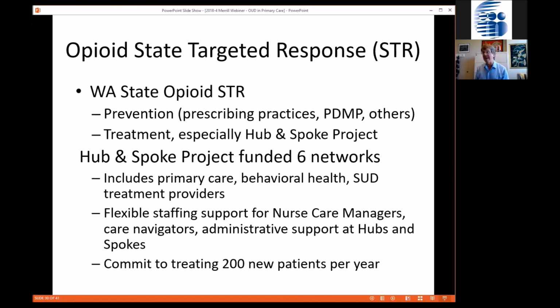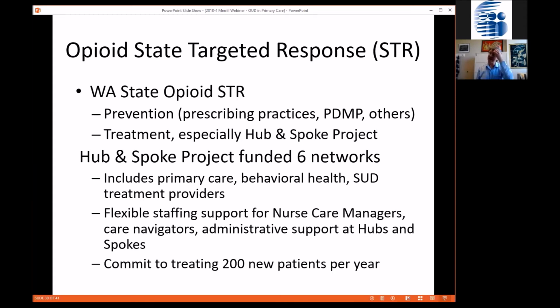The Opioid State Targeted Response, this is more federal money that's come through Washington State. We call it STR. There are a bunch of projects, including prevention projects and treatment, and there's what they call hub and spoke, although it's not exactly like the Vermont model I mentioned. The hub and spoke model here, you have to have a primary care site, a behavioral health site, and substance use disorder treatment providers within networks so that patients can find a home in one place or another.